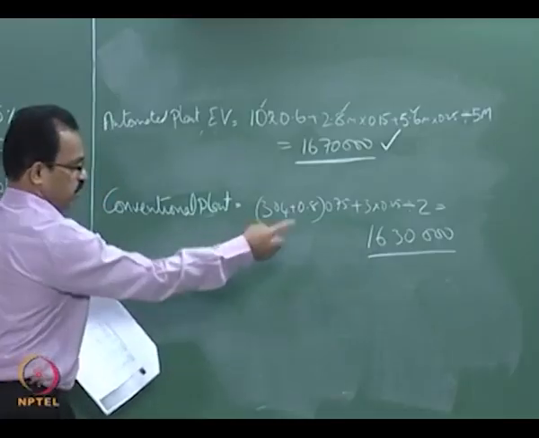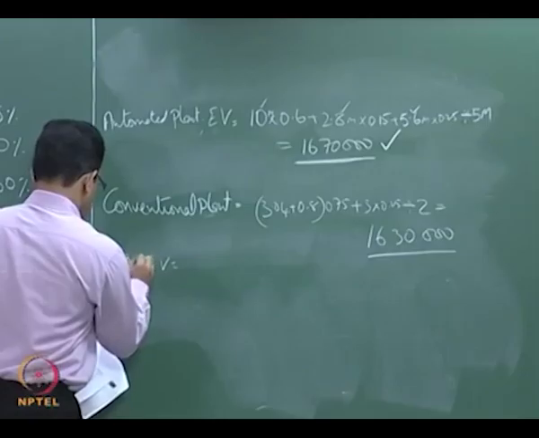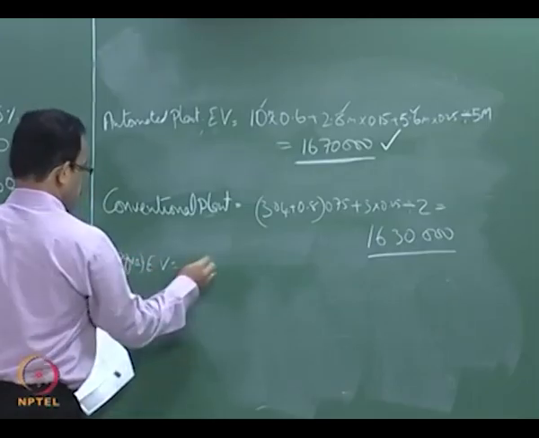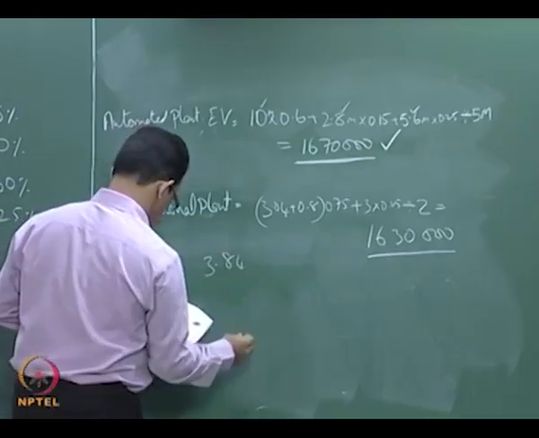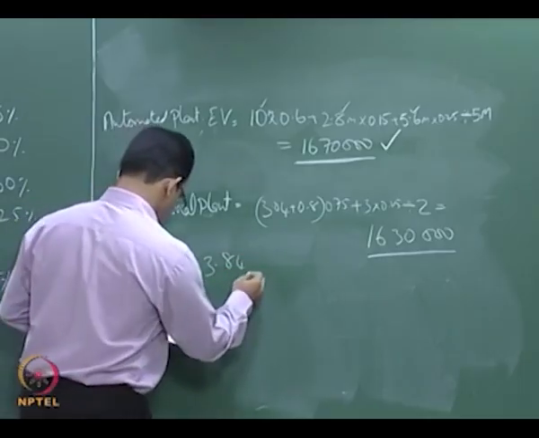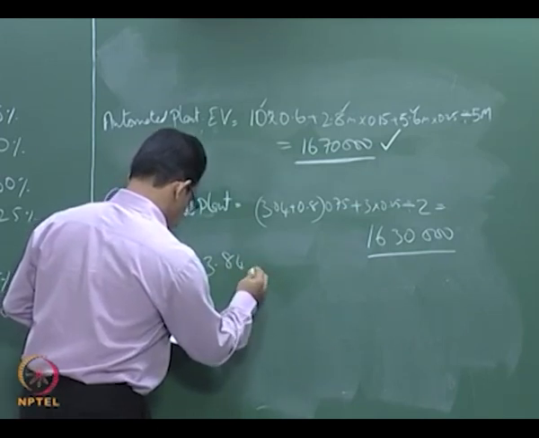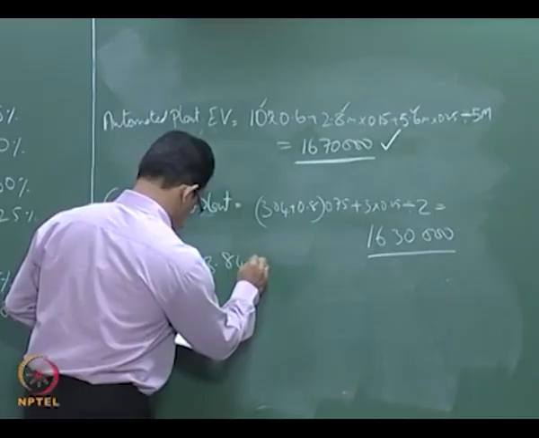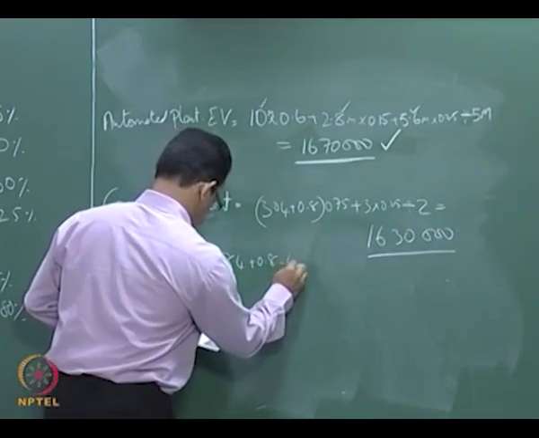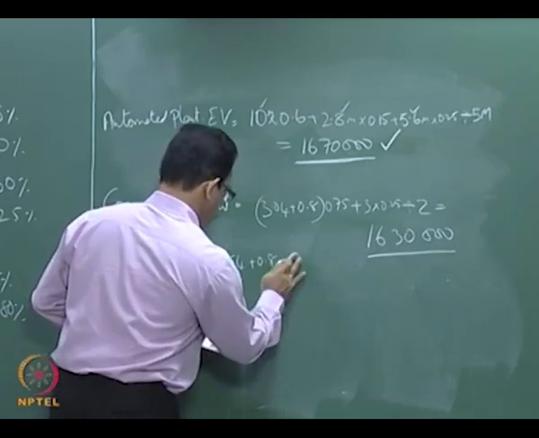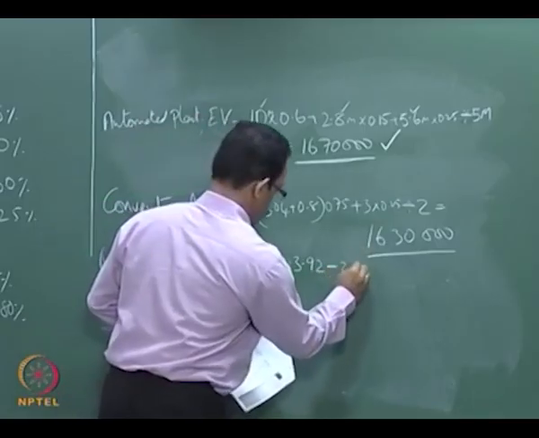So we can get the expected value here. The expected value of the decision whether to automate or not, that is upgrading, will be given as 3.84 plus 0.8, it will be 3.92 minus the investment of 2 million.